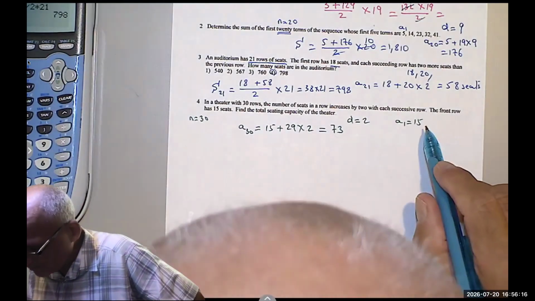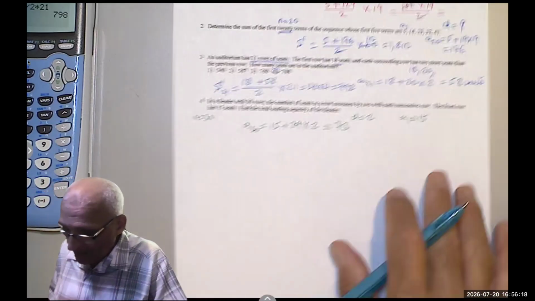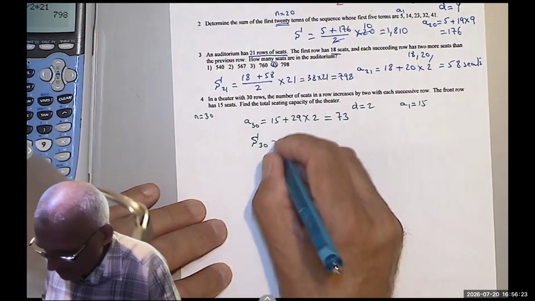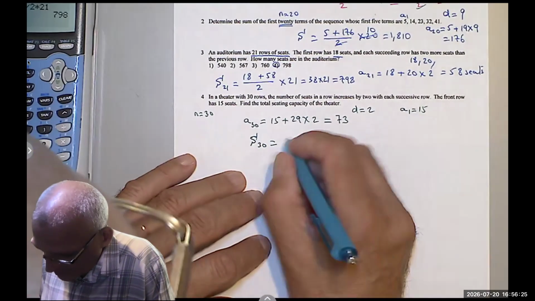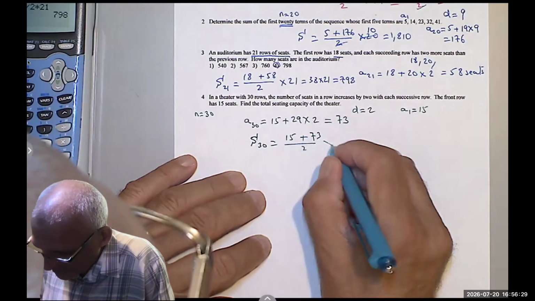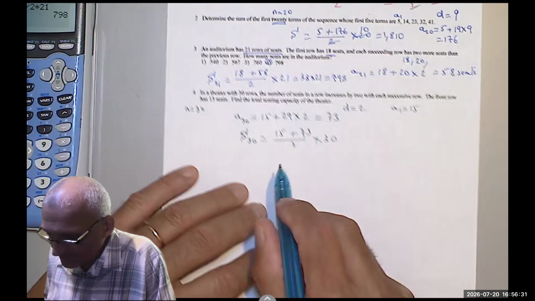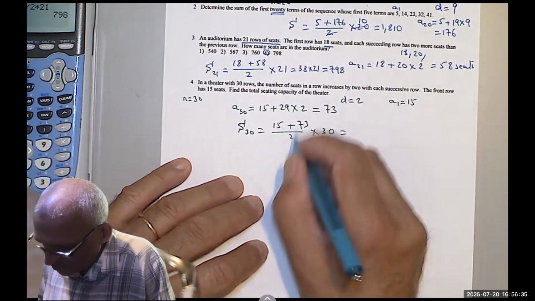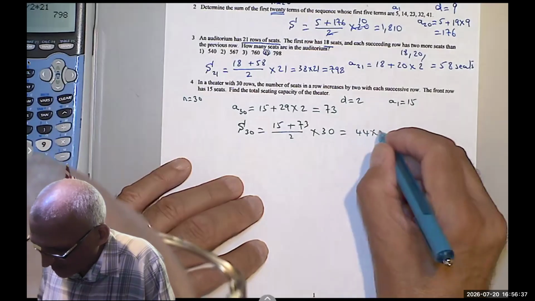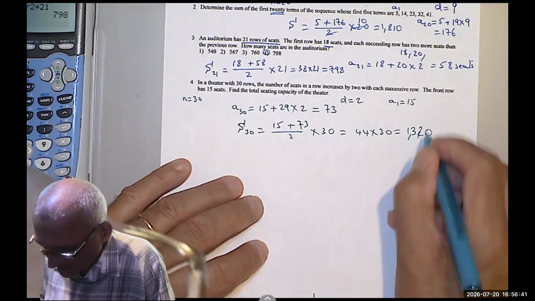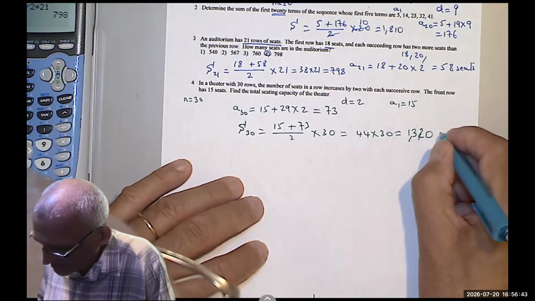Right? Okay, so the sum of the 30 is A sub 1 plus A sub 30 over 2 times 30. These two add up to 88. Over 2, it's 44 times 30, so it's 1320 seats.